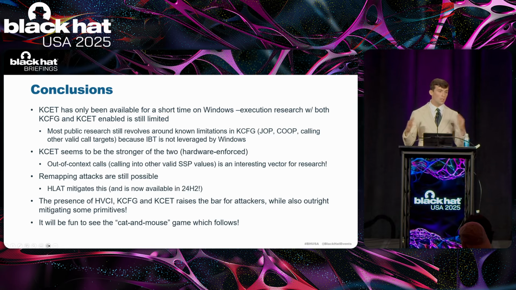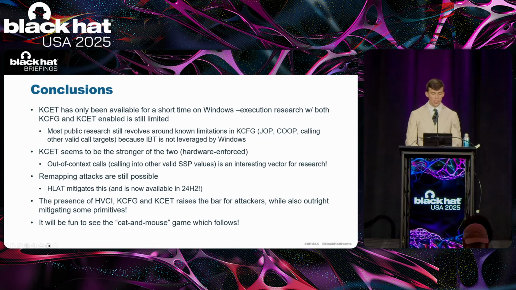Again, we have the entire bitmap of all valid call targets that we can choose as an example. We also have other things like counterfeit object-oriented programming and jump-oriented programming, where we can still get around kernel CFG. So that's where most of the research exists, and that is because Windows does not leverage indirect branch tracking, which is the other feature of CET, which validates indirect calls and jumps. IBT would mitigate against this, but Windows does not use it.